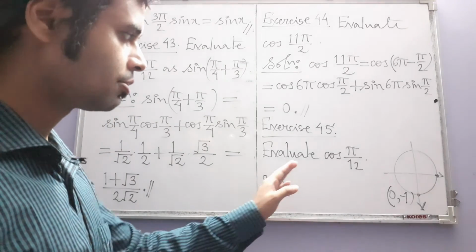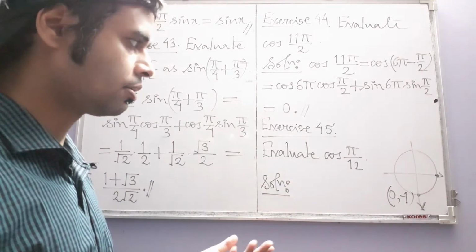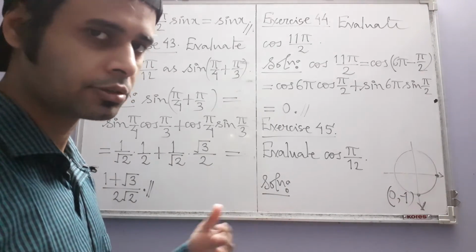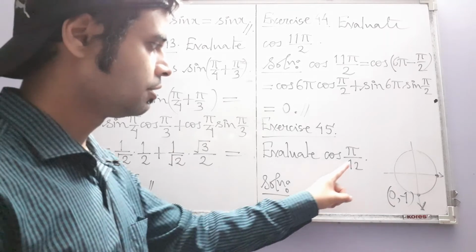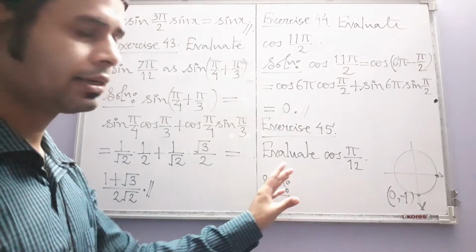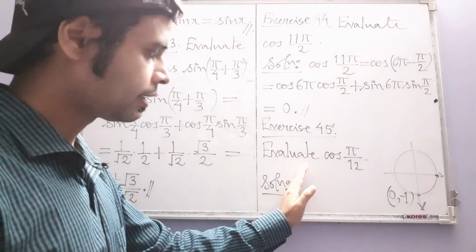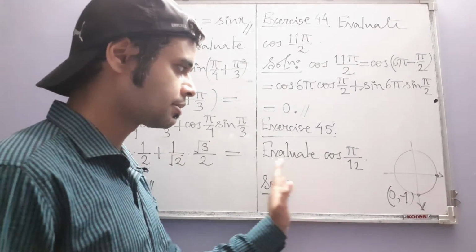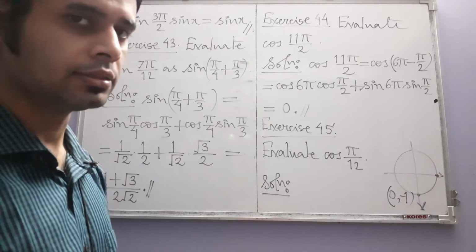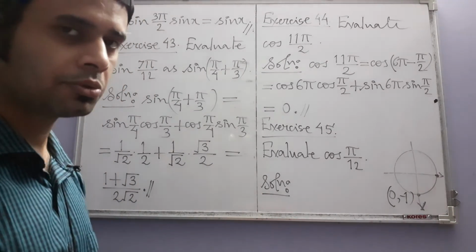That's because not only are you being able to use the sum formulas or difference formulas, but because whatever angle is given, that angle can be expressed as a sum or a difference of two standard angles. That's why all these things are possible.